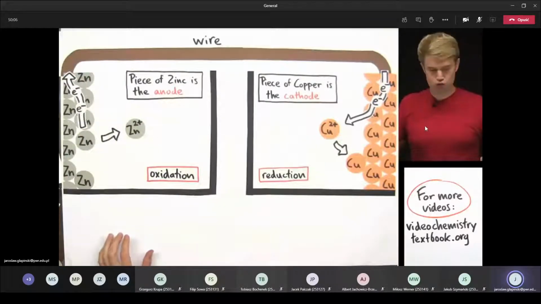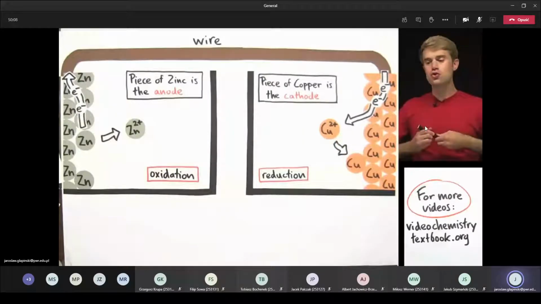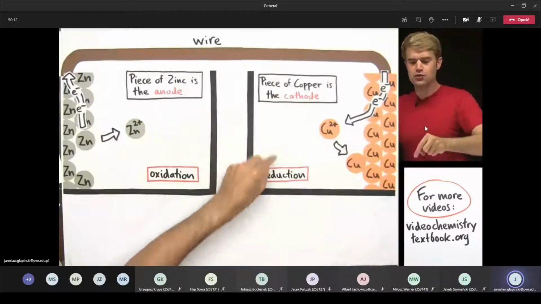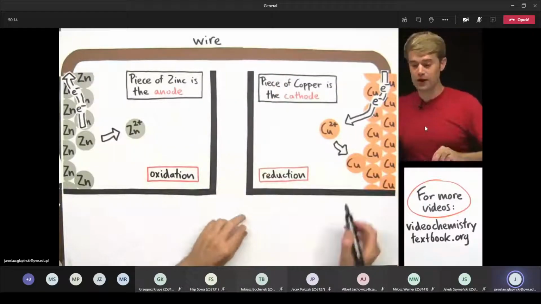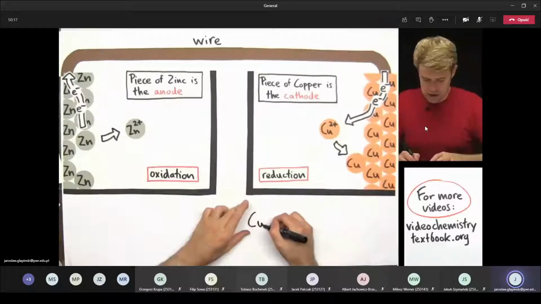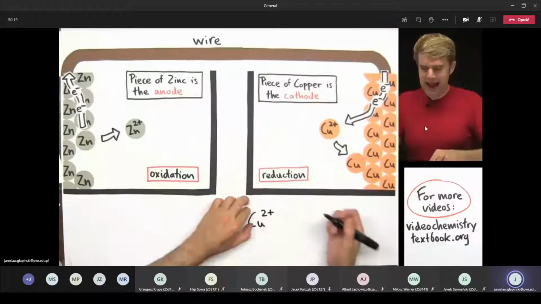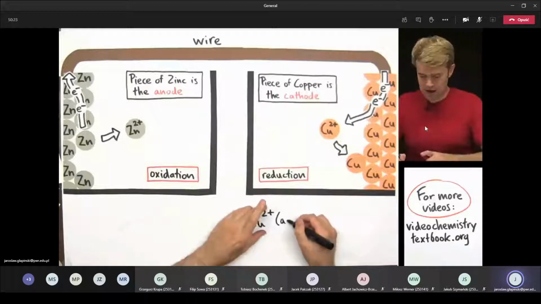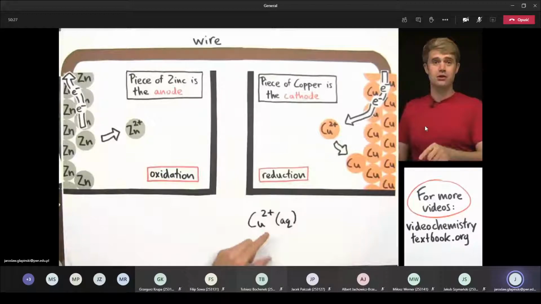Now, let's write reactions for the 2 processes that are happening here, okay? First, let's write the reaction for reduction. We're starting with Cu2+, and this Cu2+ is dissolved in solution. So I'm going to write that with an aq for aqueous after it to show that it's dissolved in solution.